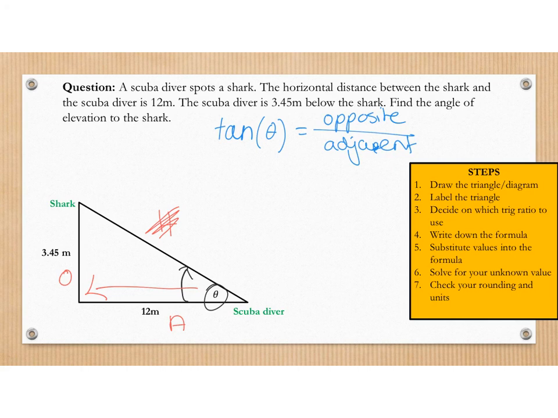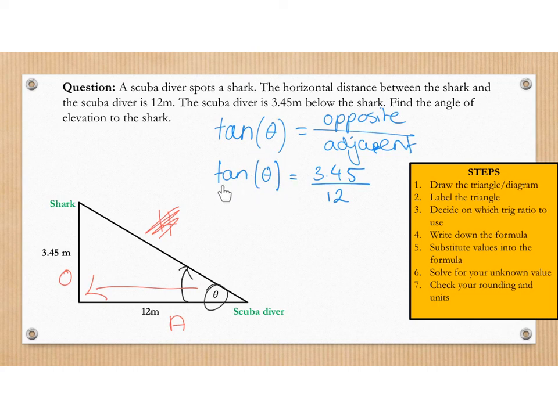Now we're going to substitute our values into the formula, step 5. So tan of theta, which is what I'm trying to find, equals opposite, 3.45 divided by my adjacent, which is 12. And hopefully you remember, or you're looking at your summary sheet during this video, and you'll recognize that this is a type 3 question where we're trying to find our angle.